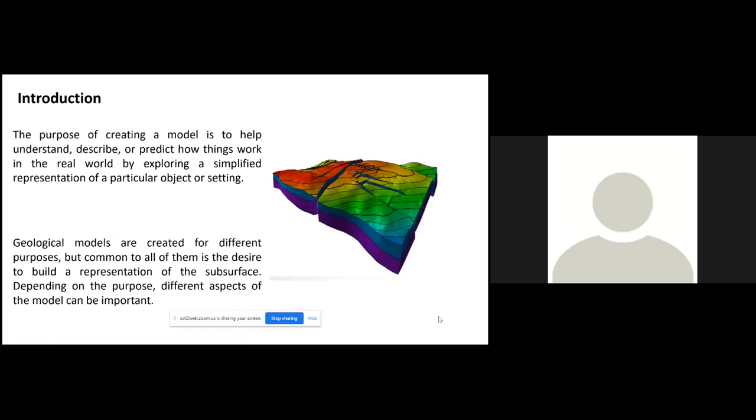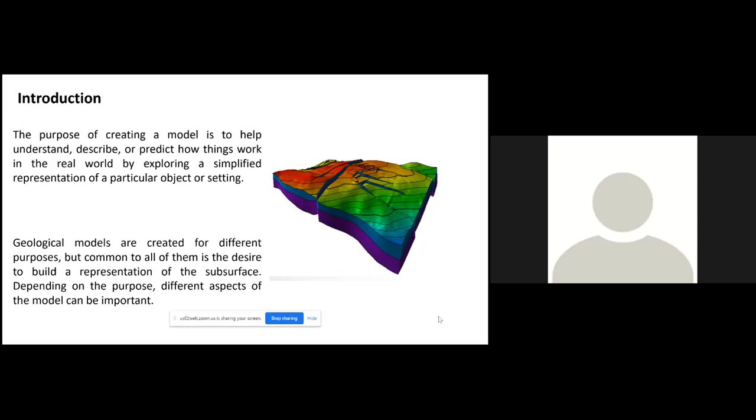As you know, modeling is important in any scientific field, especially in oil fields. In hydrocarbon reservoir study, we usually prepare such geological models in order to understand the subsurface situation and also understand the STOIIP, I mean the volume of hydrocarbon in the subsurface.